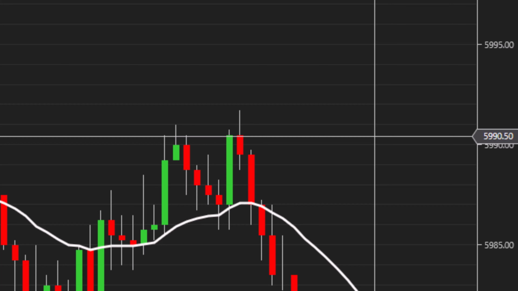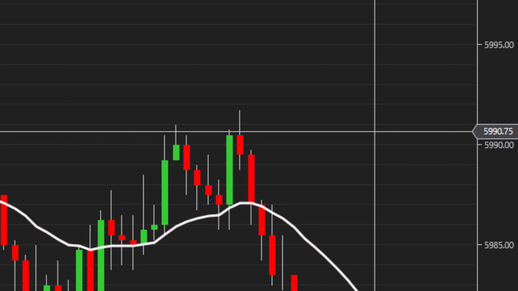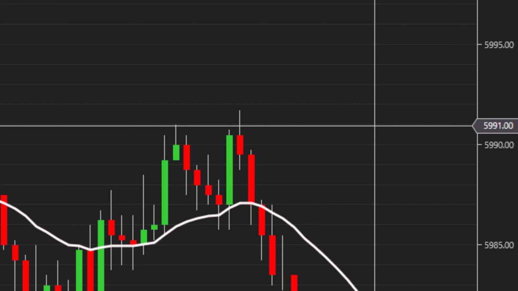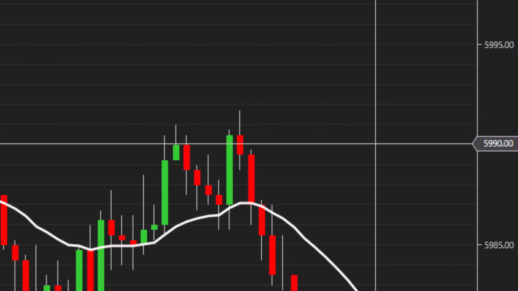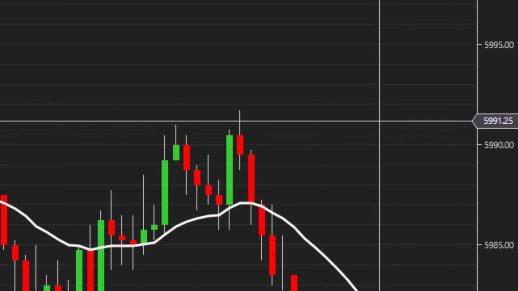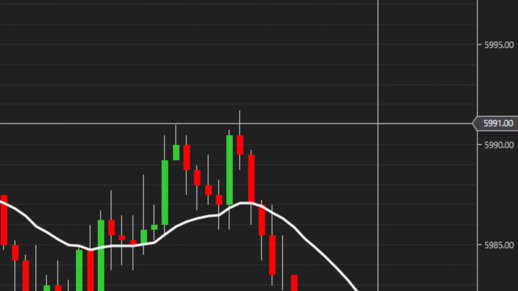If I go up to 0.50, that's 2 ticks. 0.75, that's 3 ticks, so I'll be 3 ticks in my favor, up like $37.50 right now. Then on the 4th tick, that makes a whole point. So from 990 right here to 991 is a 1 point move. That's a 1 point move in the futures market, which is worth $50.